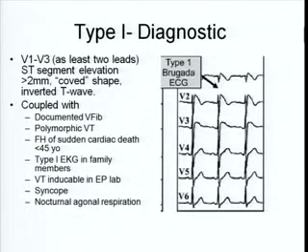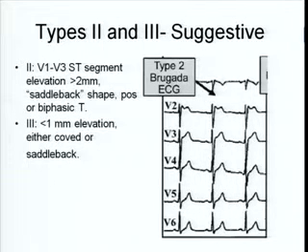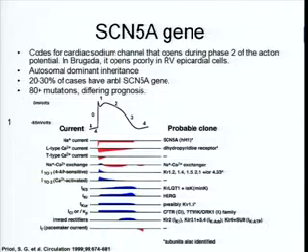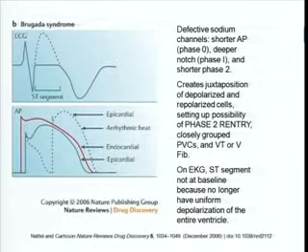And why is it dangerous? It is dangerous because he can have syncope, he can have polymorphic ventricular tachycardia, he can have sudden death, and that is the reason why you should diagnose Brugada.